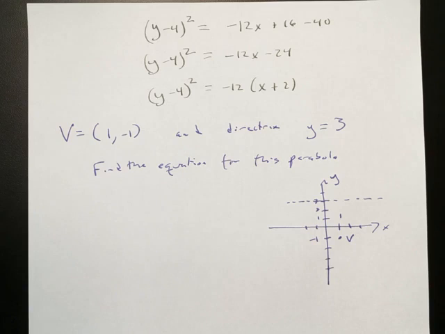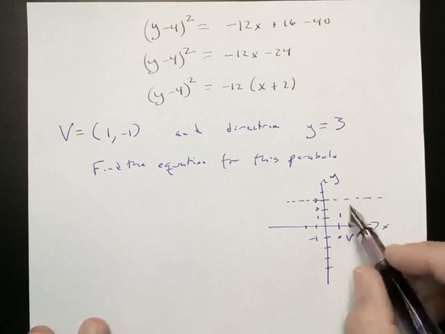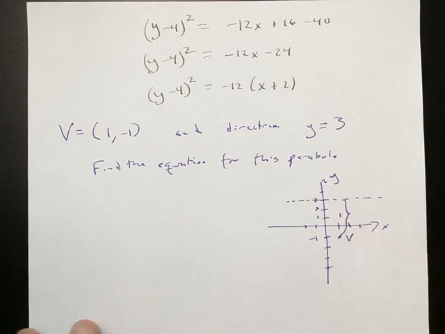I kept saying that P was the distance from the vertex to the focus, right? But it was also the distance from the vertex to the directrix. So this distance, that's P. How far is that? Except we're going down, right? Because we're supposed to go away from the directrix.